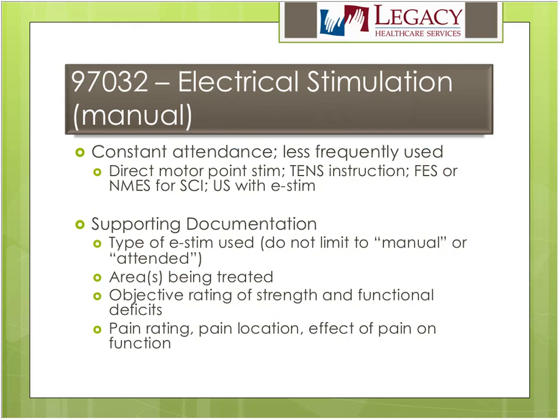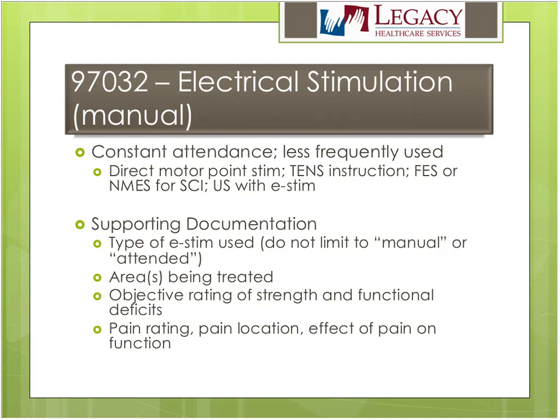97032 is electrical stimulation. We have two codes that are available to us for e-stim. This 97032 is going to be used less often, less frequently than the next G code for electrical stimulation.